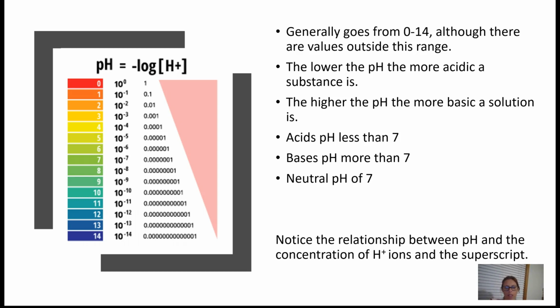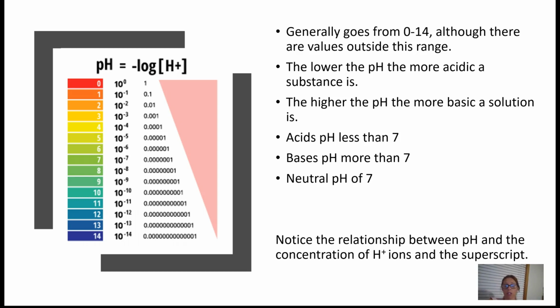Here we have the pH scale on the left-hand side. If you look down there, you might be able to see a relationship between the pH, 0, 1, 2, 3, and the power to the base 10, and then also look at the concentration on the right-hand side. If I have a concentration of 1, it's 10 to the power of 0, because anything to the power of 0 is 1, and that brings about a pH of 0.